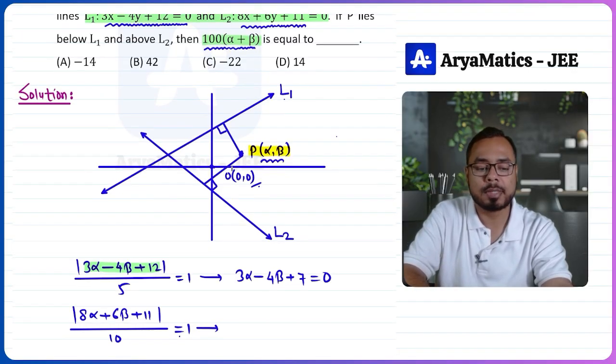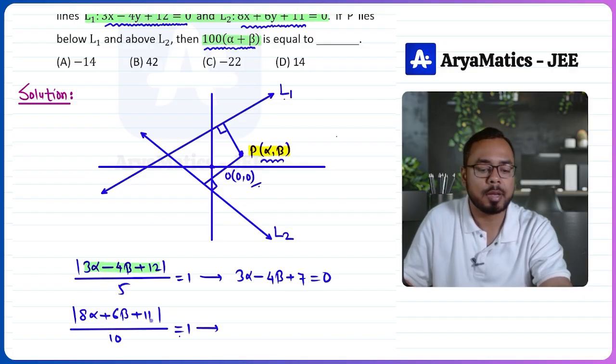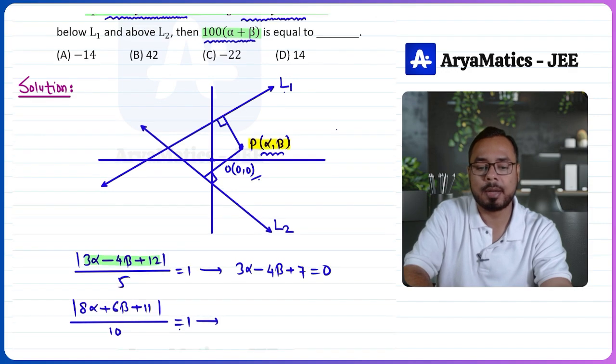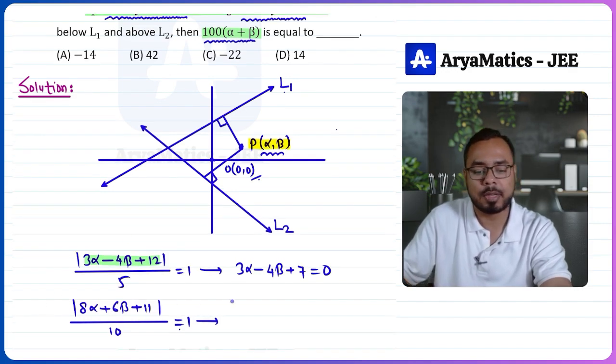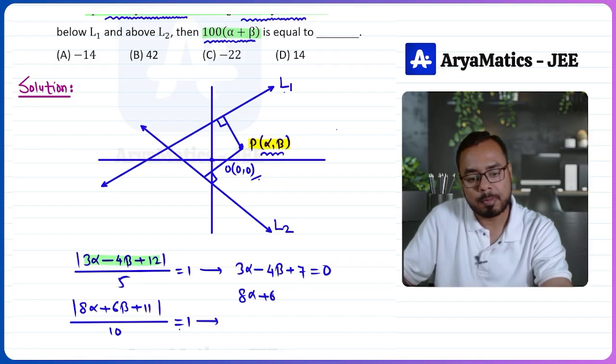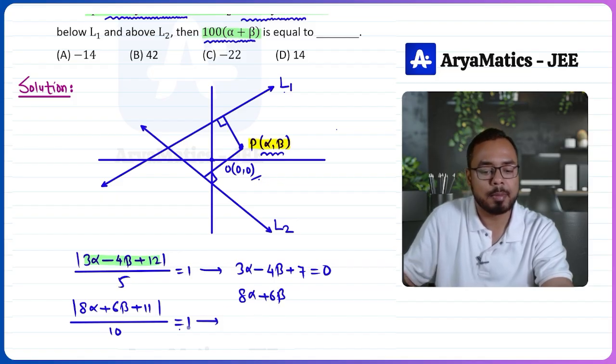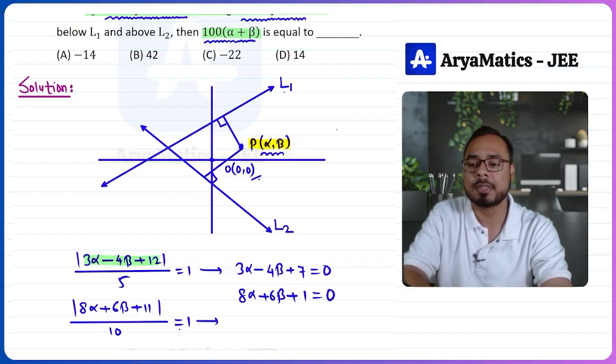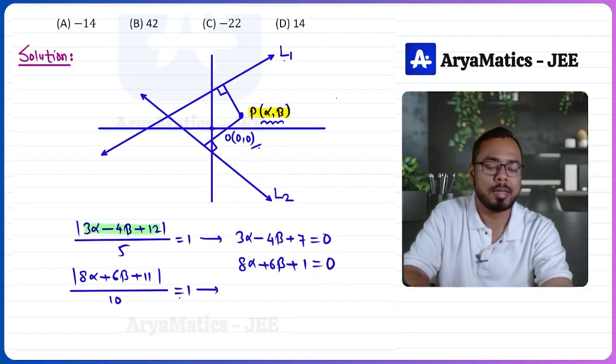So because for the origin the second line is positive, for point alpha beta also it should be positive, and that will imply that the second modulus also we need to open with positive sign. So from here another equation will be 8 alpha plus 6 beta plus 11 minus 10, so plus 1 equals 0. So these are the two equations, and now we need to solve these two equations.